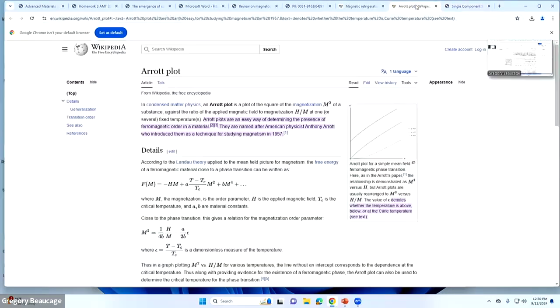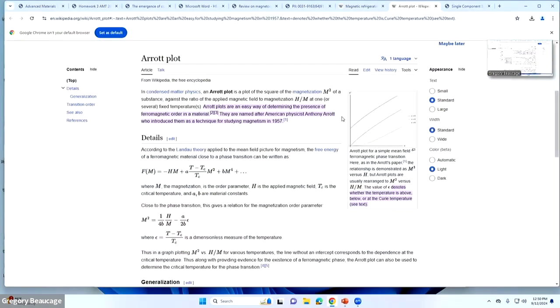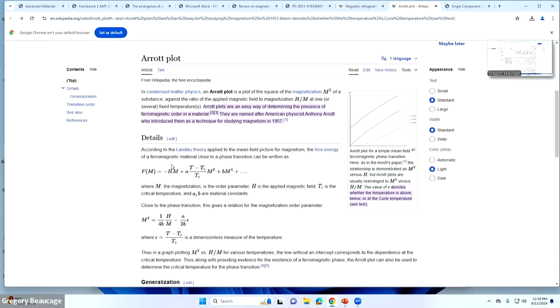If you look at this, they've come up with this Arrott plot, which is a plot of m squared on the y-axis, versus the magnetic field divided by m on the x-axis, because it comes from this equation, which is exactly the same as Landau's equation.